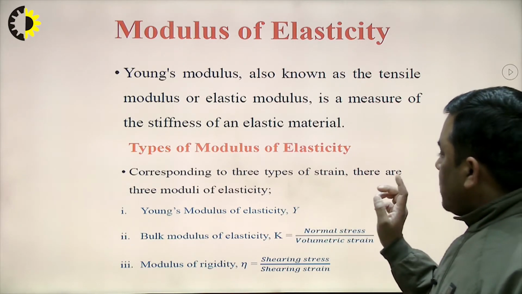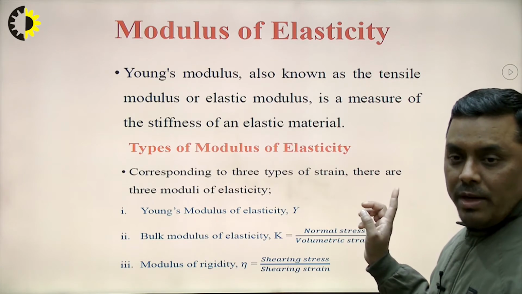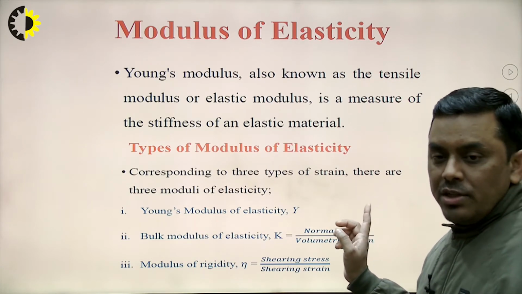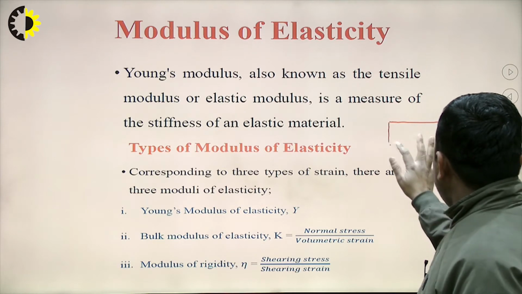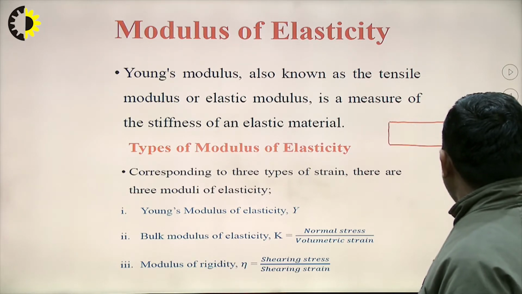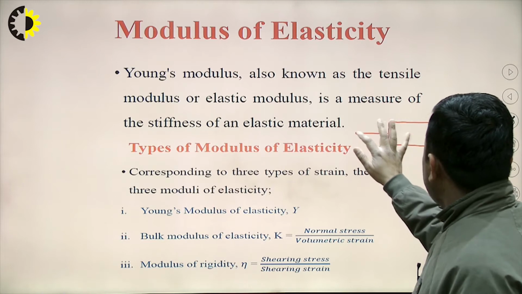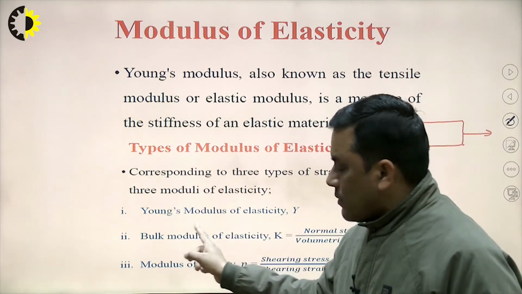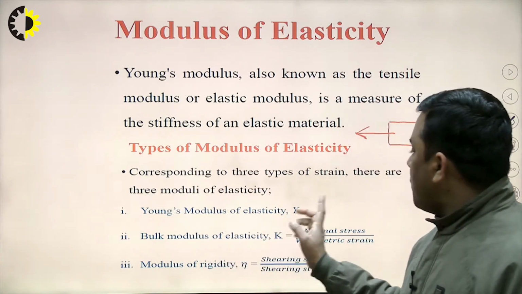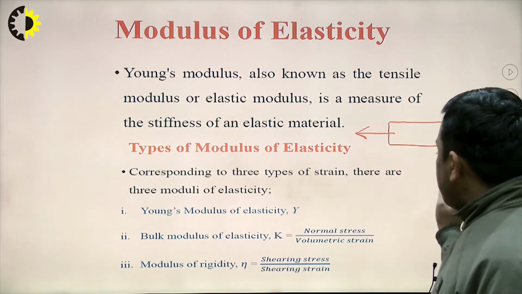Whenever we are dealing with the longitudinal strain, that is, the change in length, the material is subjected to normal stresses. If I am talking about this particular condition, then Young's modulus of elasticity comes into the picture.